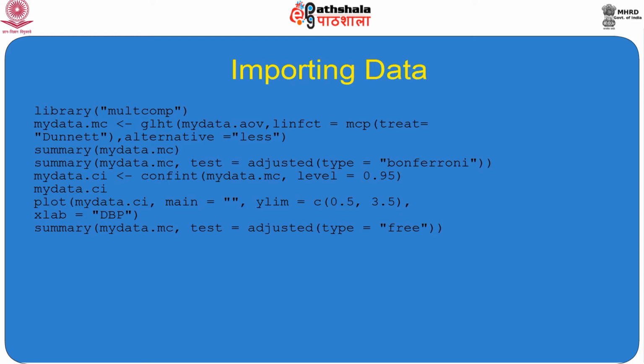When ANOVA is performed, in the null hypothesis it assumes that treatment-wise there is no difference, but it is very difficult to find out which treatment has more variation than the others.